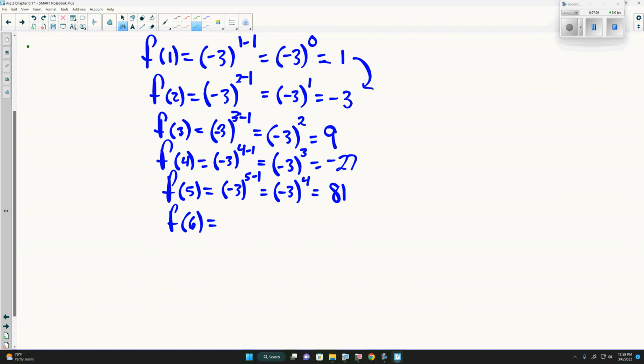So we went from 1 to negative 3. We're multiplying it by negative 3. To the fifth, which should be negative 243, yes? And that's it.